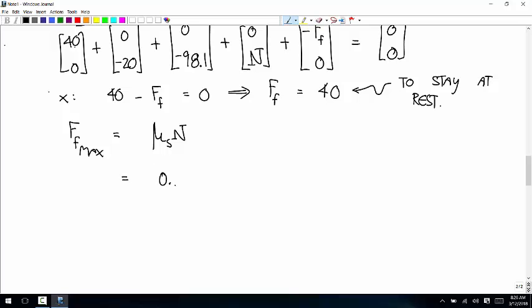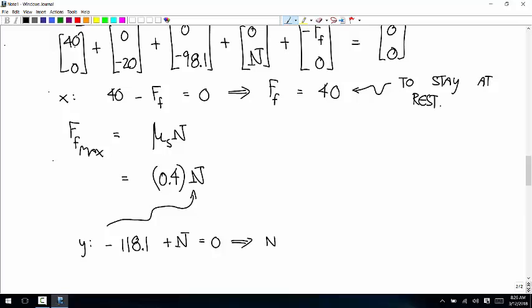The coefficient is 0.4. The normal we can calculate from the y equation. So negative 118.1 plus N is equal to 0. So N is equal to 118.1. So plug that in here, you get point.